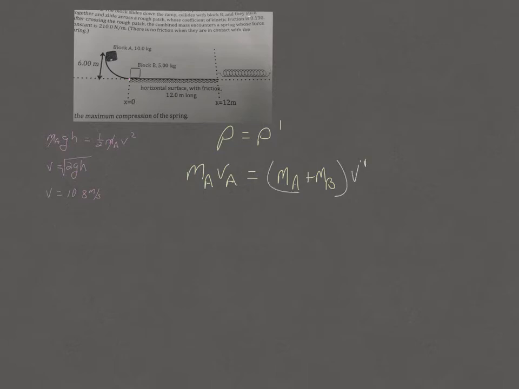Because it's the speed that it's moving after the collision that is going to actually affect the spring compression. But there's still another energy problem that goes along in between there. So solving for v prime, which is going to be the speed that both blocks are going to be moving with after the collision.